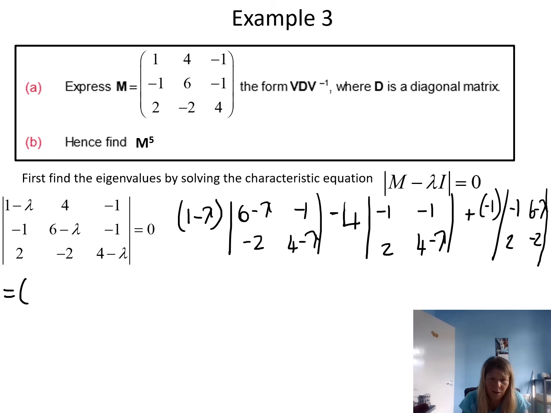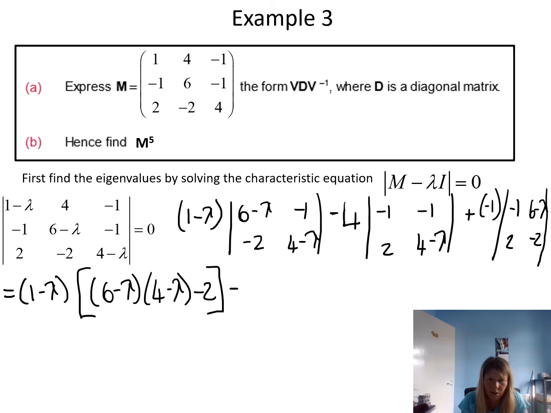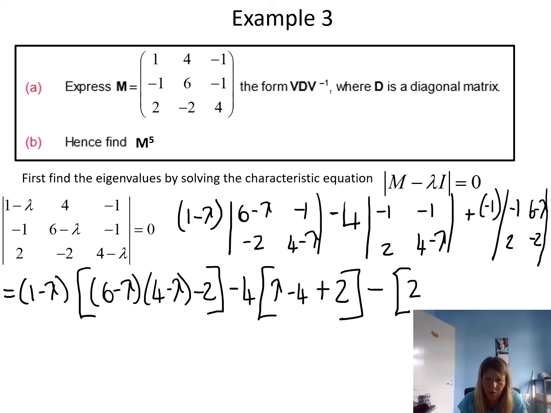So multiplying that out, you're going to get 1 minus lambda, oh good grief, 6 take lambda, 4 take lambda, and then take the diagonal, so 2 minus 4, and lambda take 4, take away, so it becomes plus 2, and the last one we have minus 1, so I won't bother writing that. 2 take 2 lots of 6 take lambda.